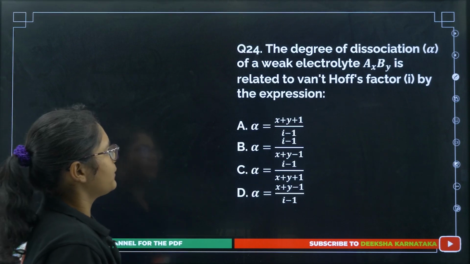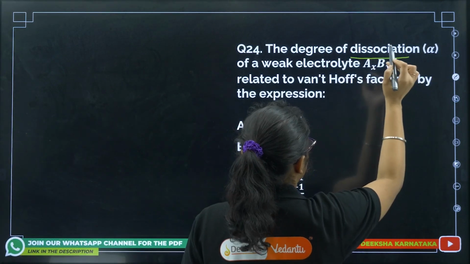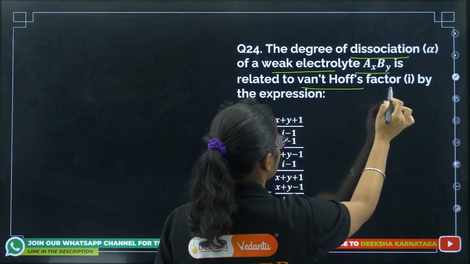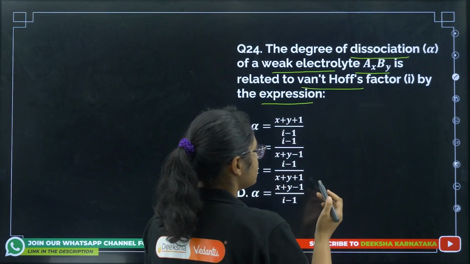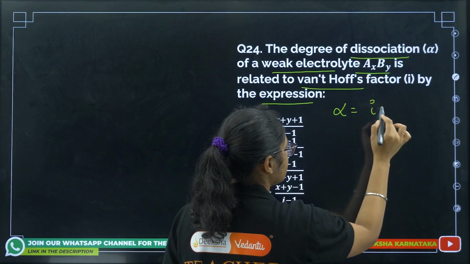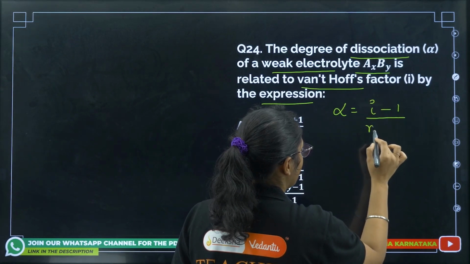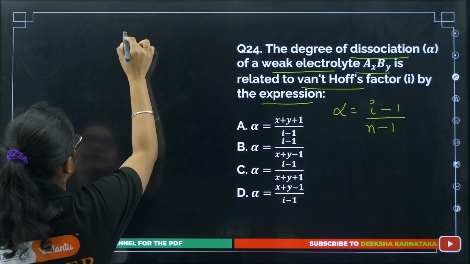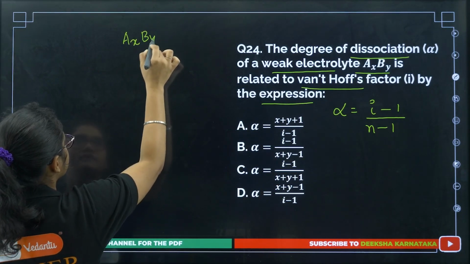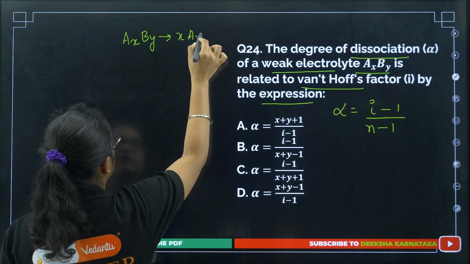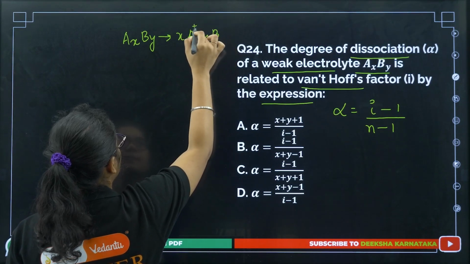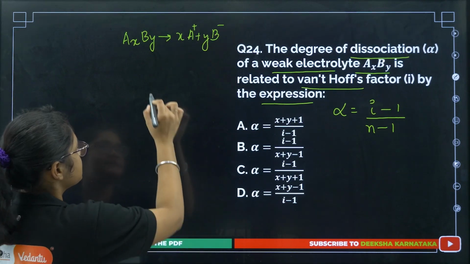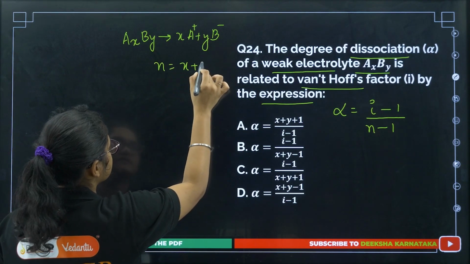Now coming to question number 24. The degree of dissociation alpha of a weak electrolyte AxBy is related to the Van 't Hoff factor i by the expression. If you know, for dissociation alpha is equal to i minus 1 by n minus 1. What is n here? The number of particles produced. Now if AxBy is there, it dissociates into x times A and y times B, so the total number of ions n is equal to x plus y.